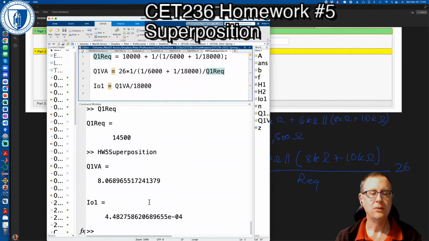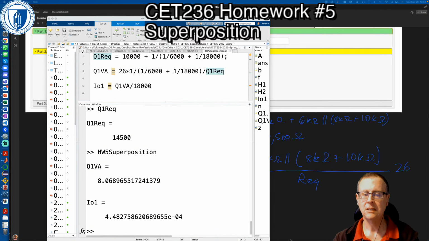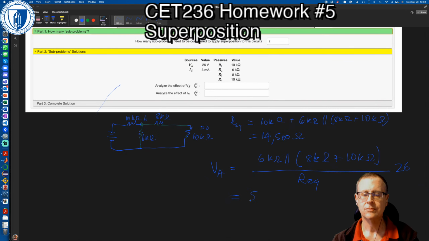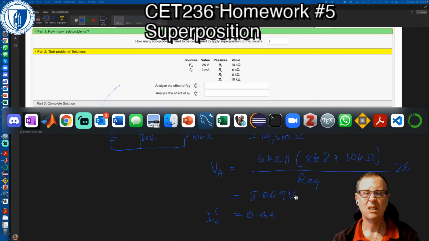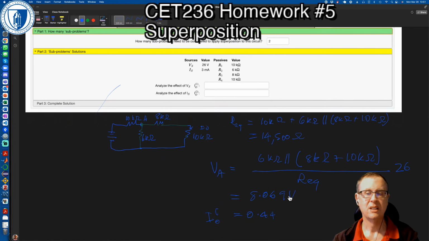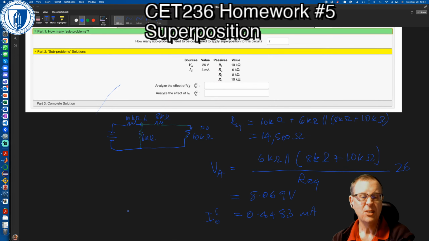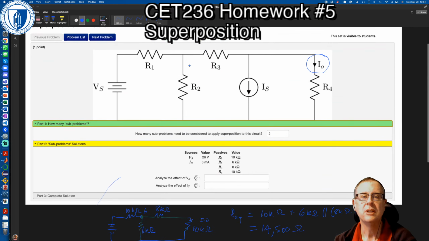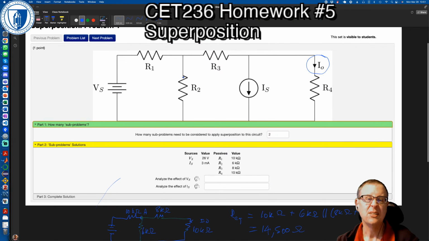The VA was 8.069. And the I out 1 was 0.4483 milliamps.